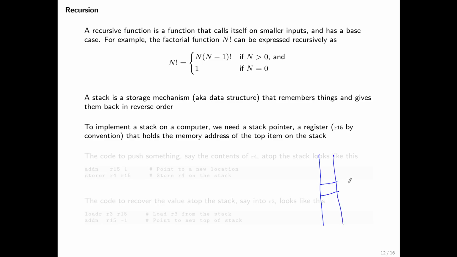So that's the top. And let's say the bottom of the stack is somewhere here. So the stack grows in this direction, all right? Now, the stack pointer is basically a register. So stack pointer is a register that points to the top of the stack, all right?